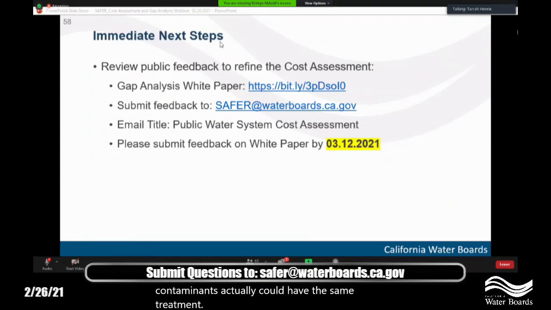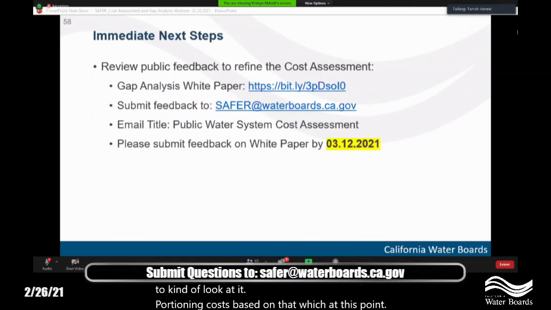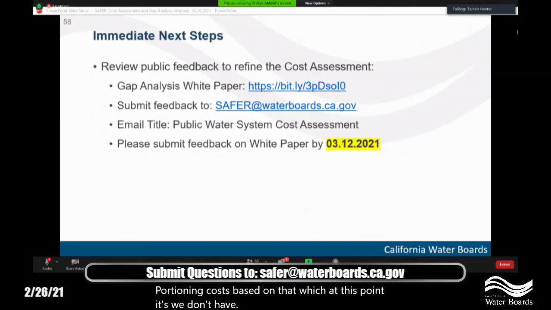So for example, nitrate and arsenic or nitrate and uranium, those types of inorganics actually have point of use identified as the treatment type. And so you'd have to look at apportioning costs based on that, which at this point we don't have a methodology identified for doing that yet, but for the human right to water systems, I do think that will be an outcome of this process.